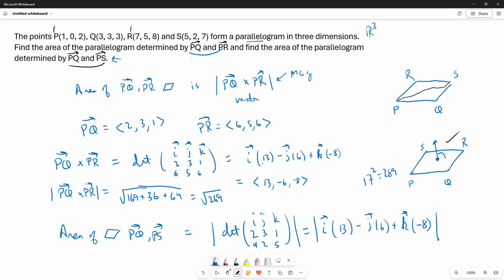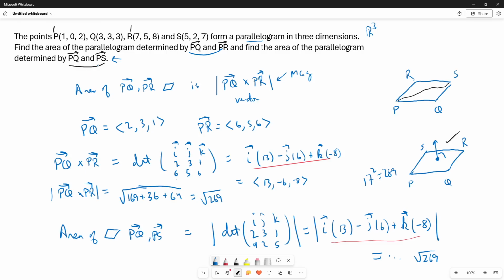And I'm feeling like that's exactly what we had here. What a coincidence. It's exactly that. So we're going to get the same answer, the square root of 269. So we couldn't go wrong.